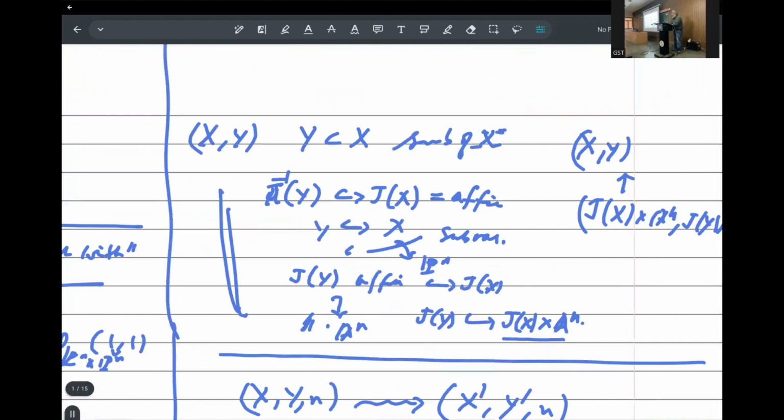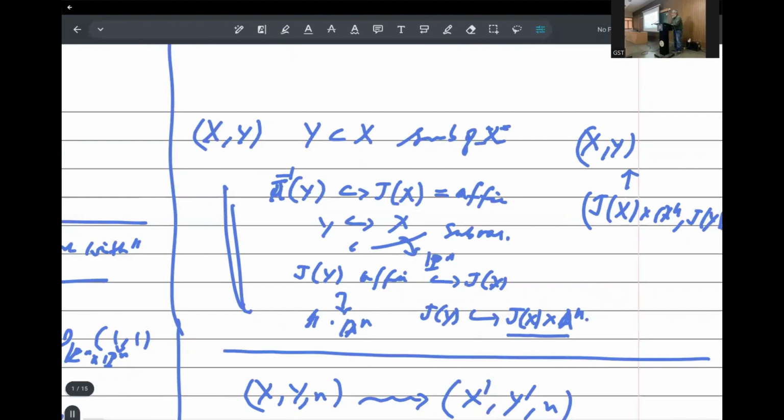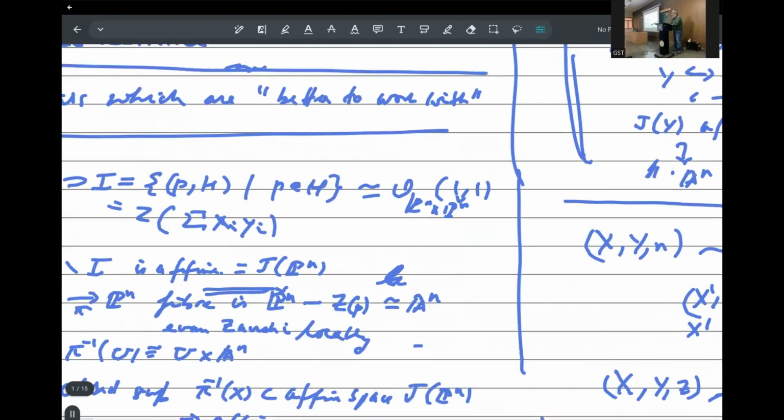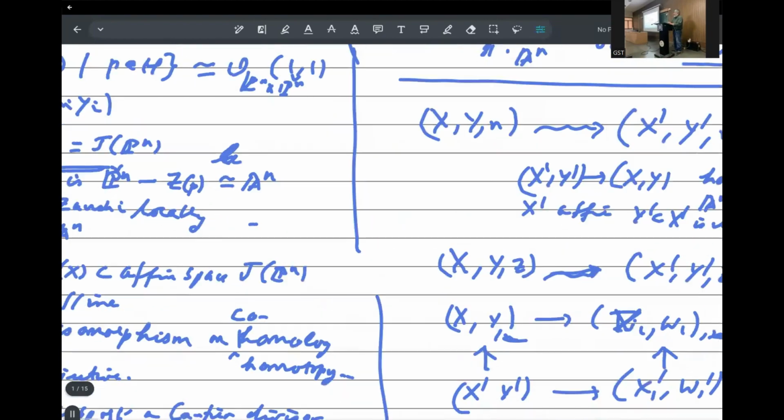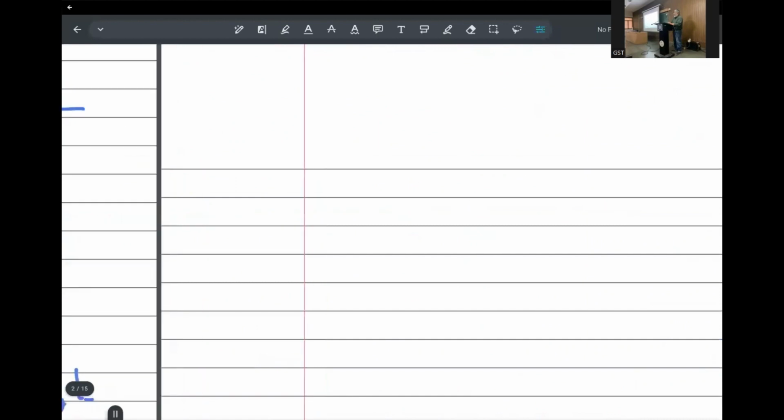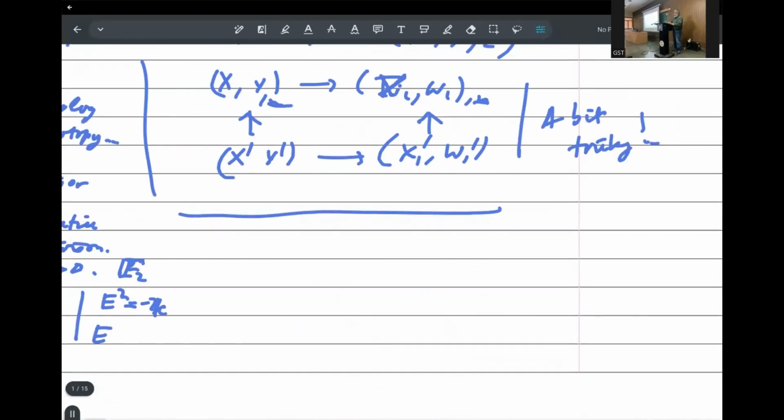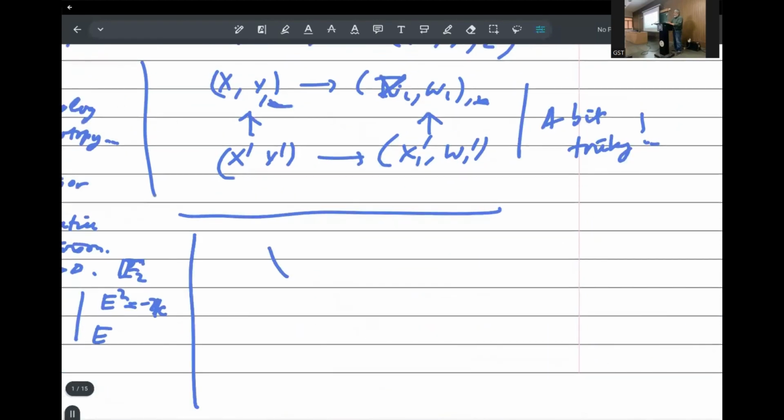So there are three parts to this process, and altogether the bottom line is that therefore you can work with tuples X, Y, N with the property that X is affine and Y is closed.